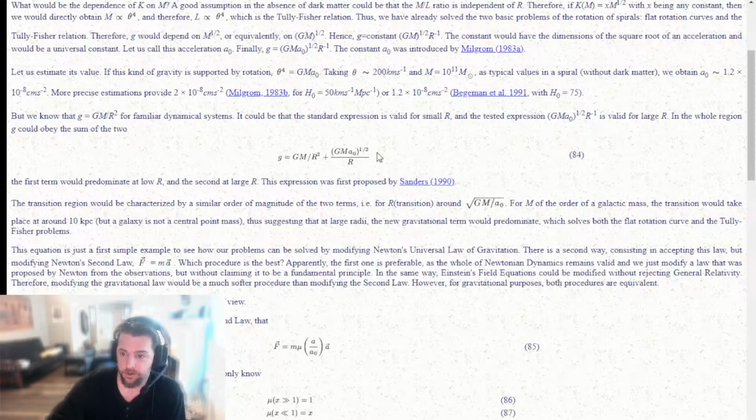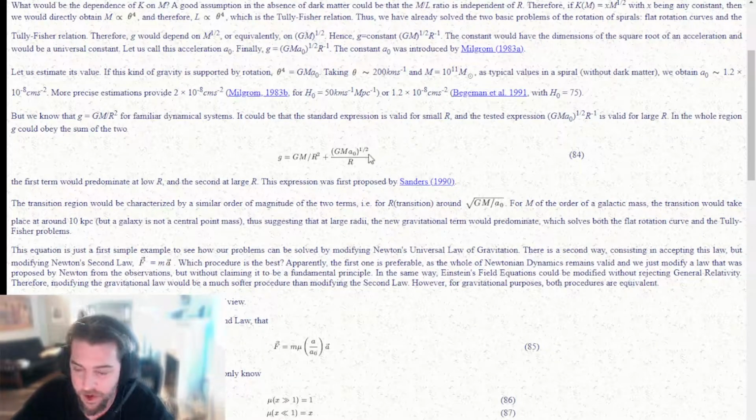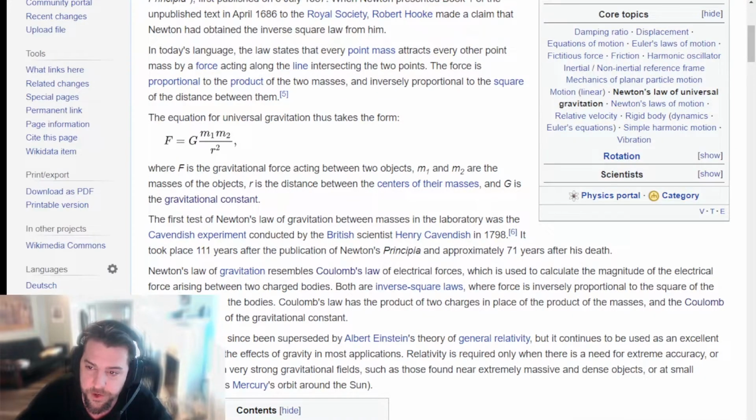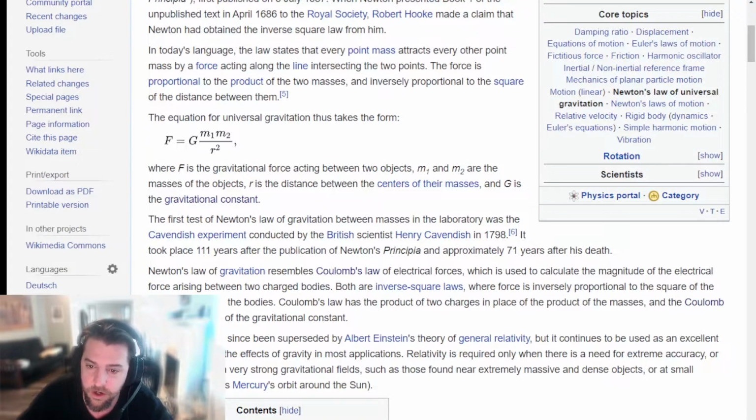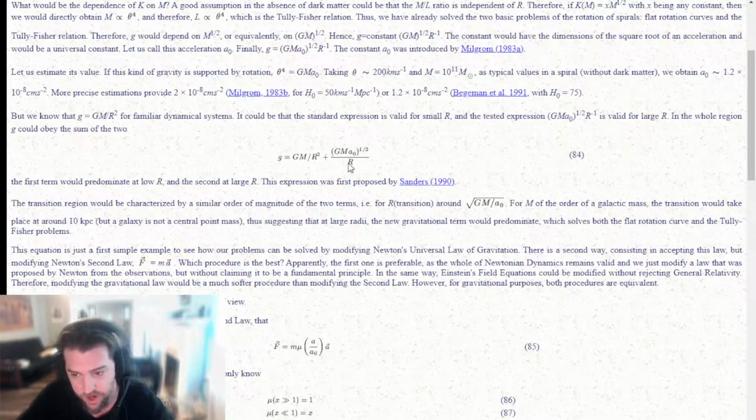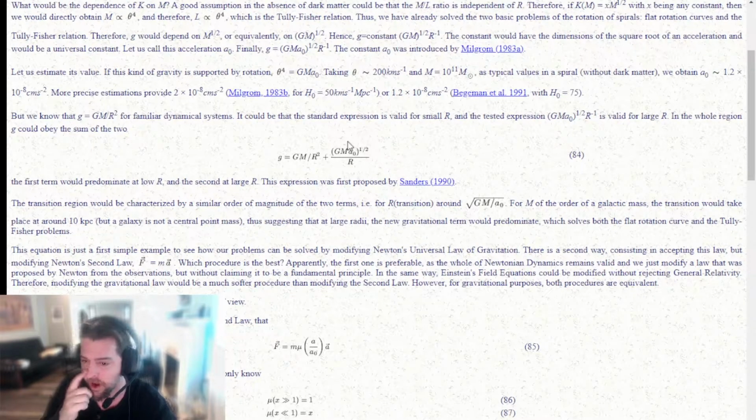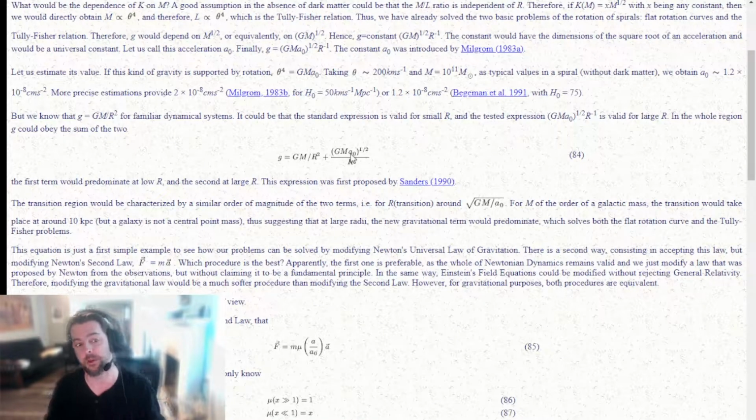So they tweak the formula, and this is what they got. You can see it's pretty close. Instead of an r squared, now it's just an r fall-off rate, and then the square root of the mass times the gravitational constant times the modifier, which is supposed to tell you how gravity is going to behave at that particular distance.